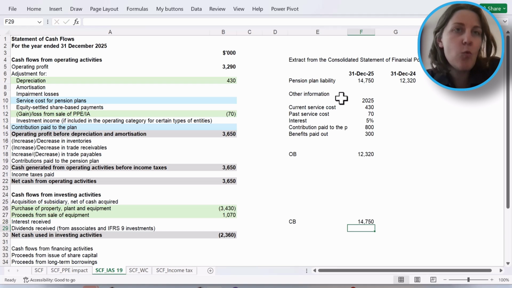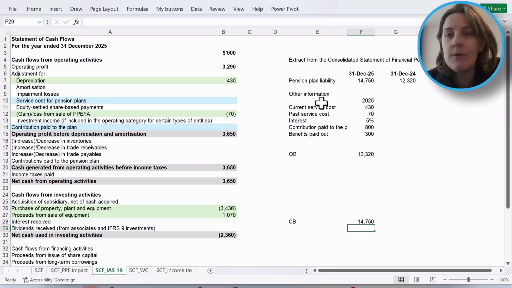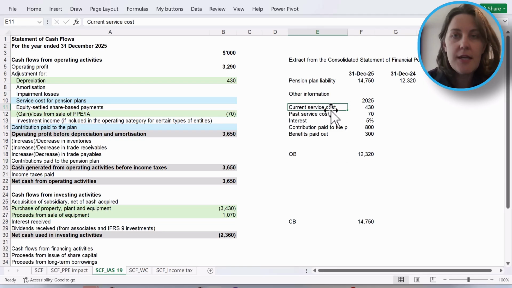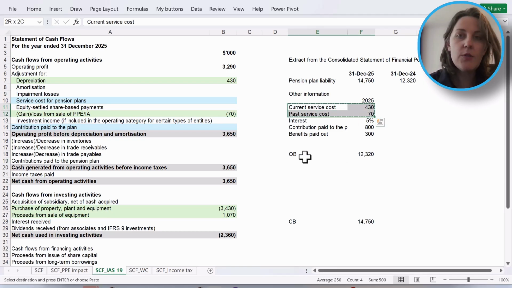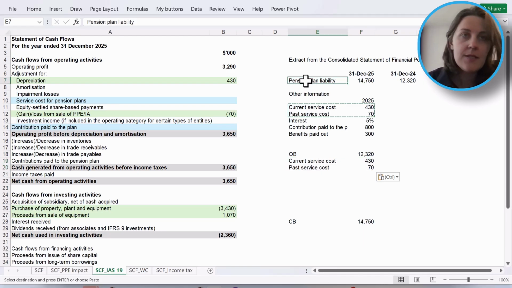Let's have a look at why we had this change and think about where these items lie in our statement of cash flows. First of all, we had current service cost and past service cost. Both of them are going to be recorded in P&L. Both of them are going to increase our liability. Since by default our pension plan is in liability, we're going to put those numbers with a positive sign.